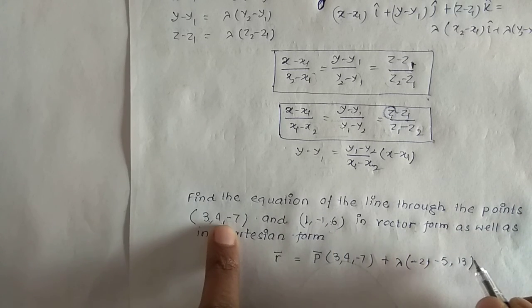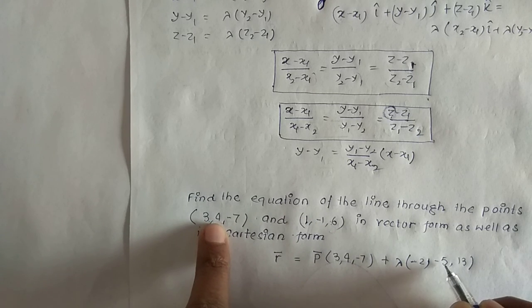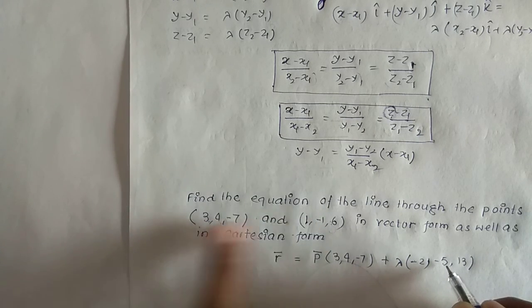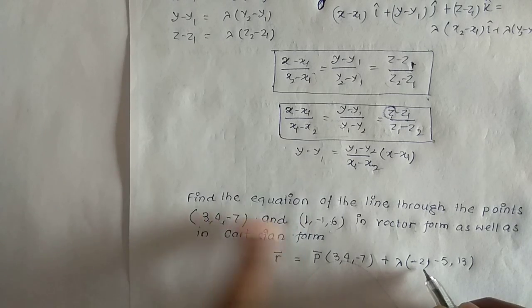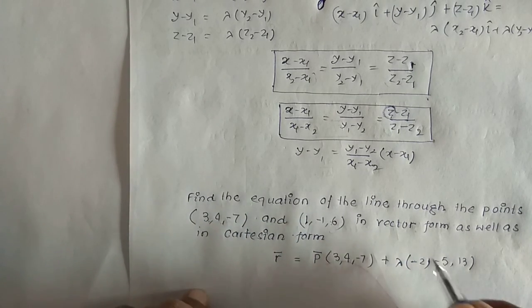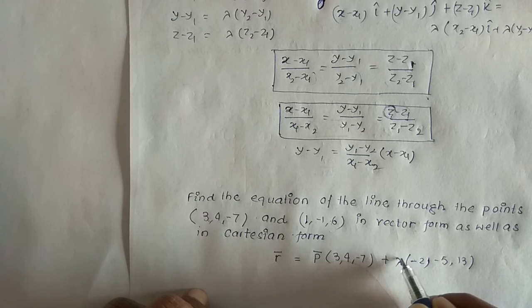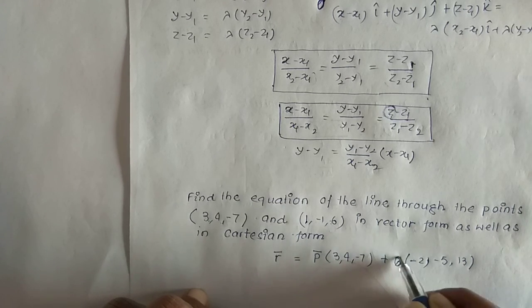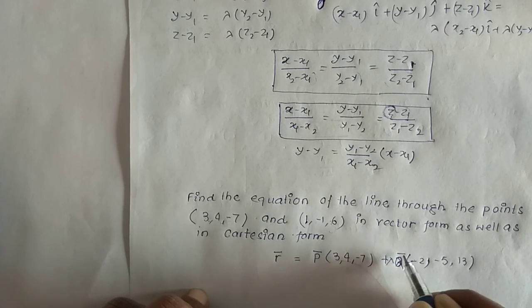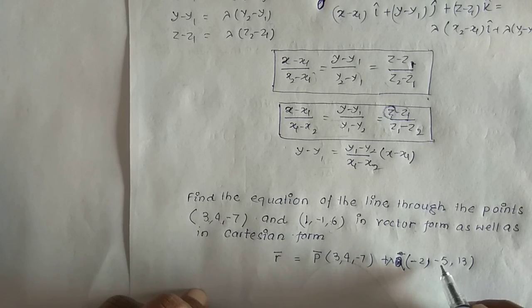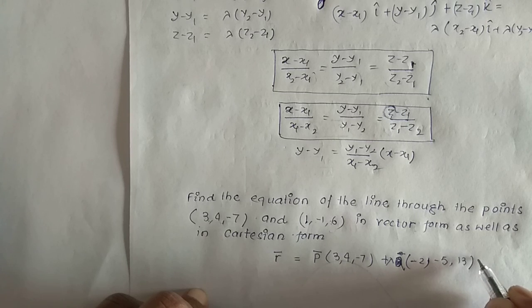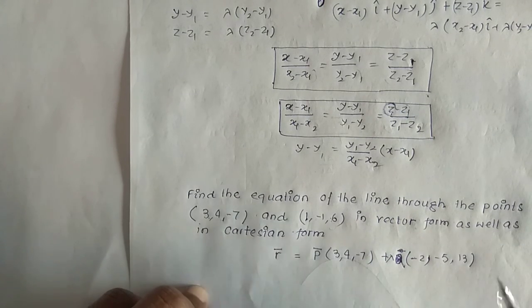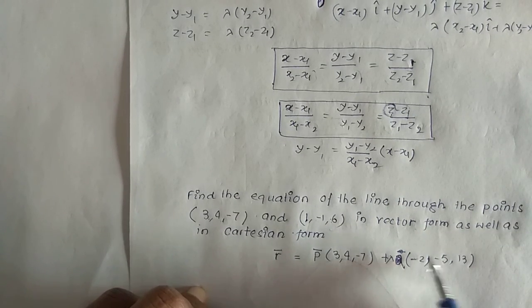Yes, this is 2, and this is minus 2. Okay, this is vector q. Sorry, it is p minus q. You may write p minus q.